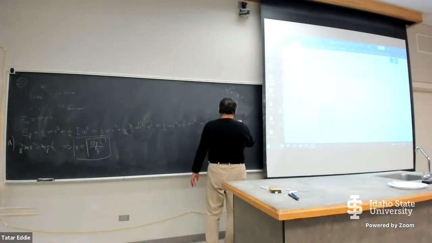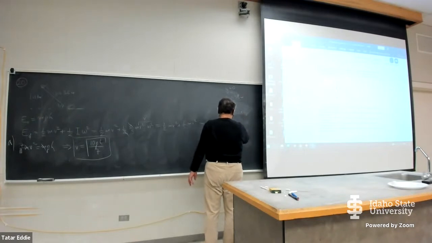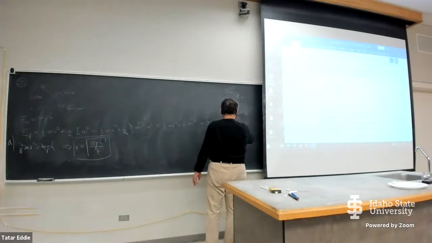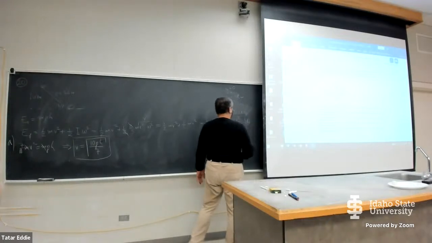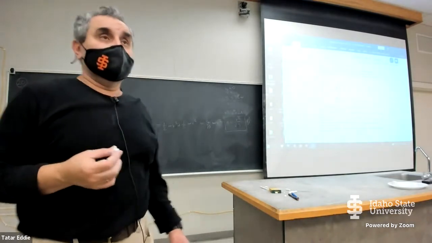For our case, V naught is 0. Solving for the acceleration, you get that the acceleration is V squared divided by 2 times the displacement. So this is part B, the average acceleration.